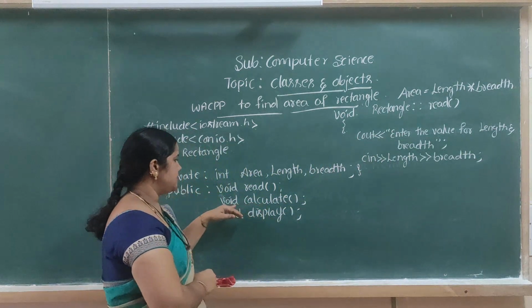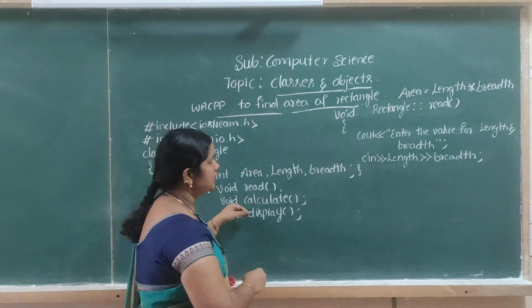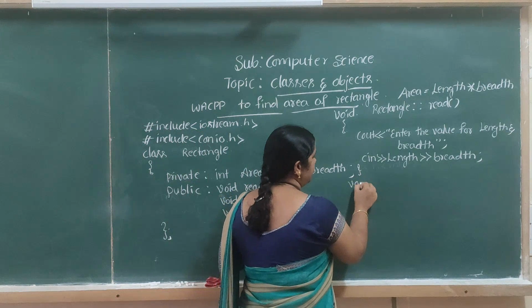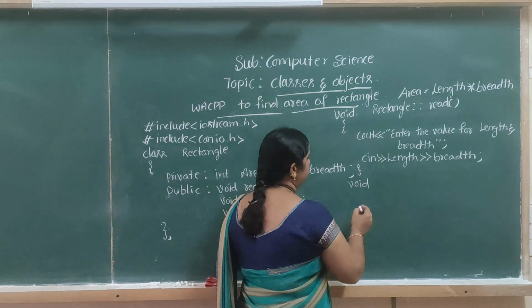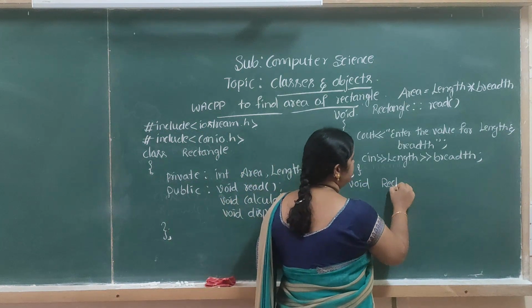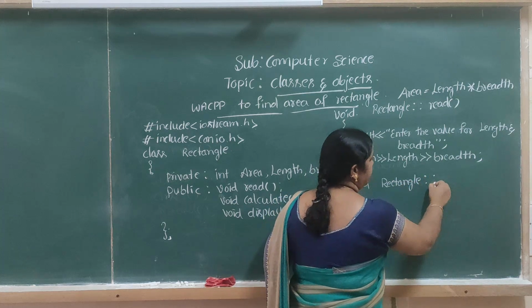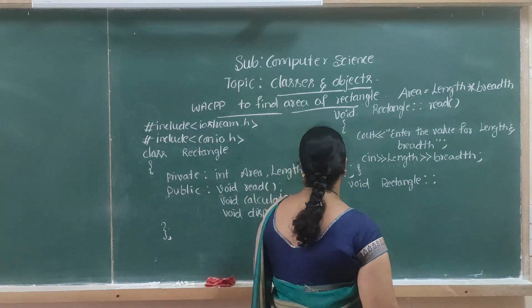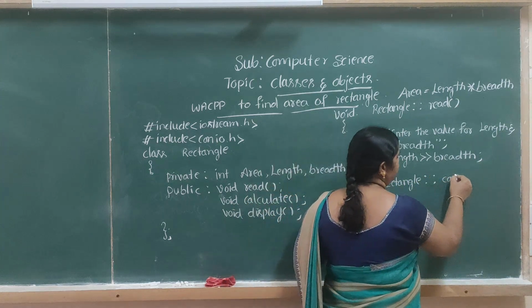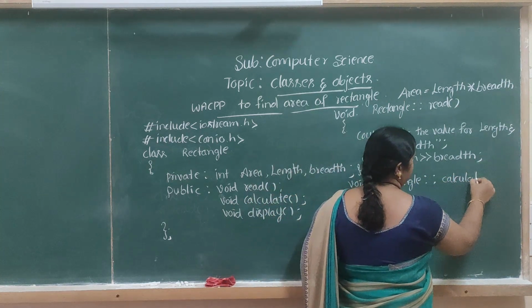So it contains the previous data type, that is void. It can be written as void, again write the class name Rectangle, scope resolution operator. It contains the member function name calculate.